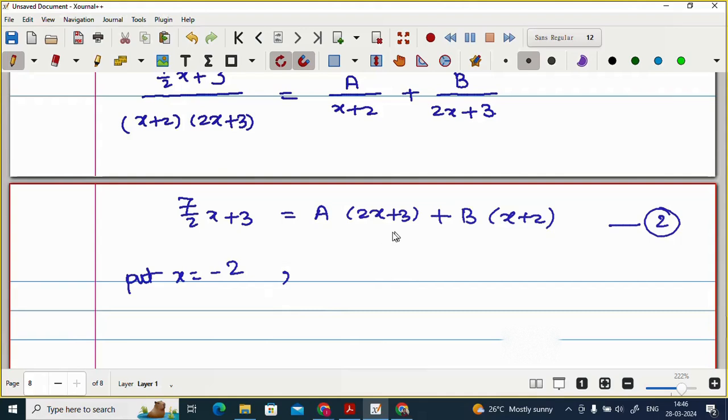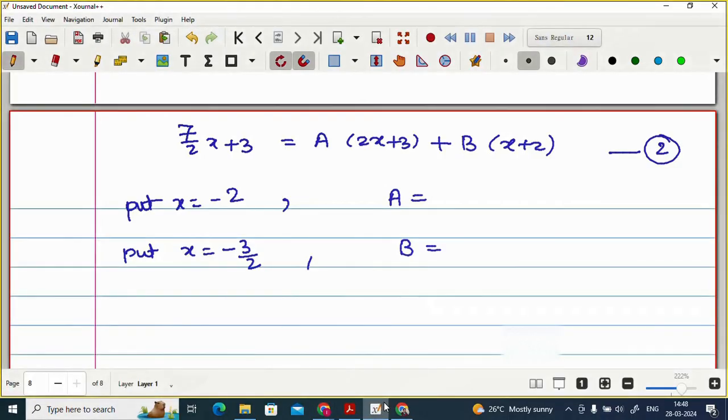So all of you put x as minus 2 here and tell me what a you are getting. And similarly put x as minus 3/2 to get the value of b. So put these values and tell me the respective values of a and b. Do this, all of you. Okay, what is the answer?